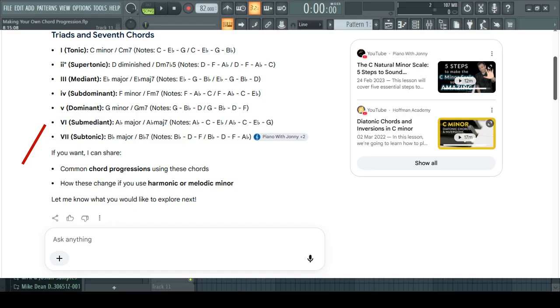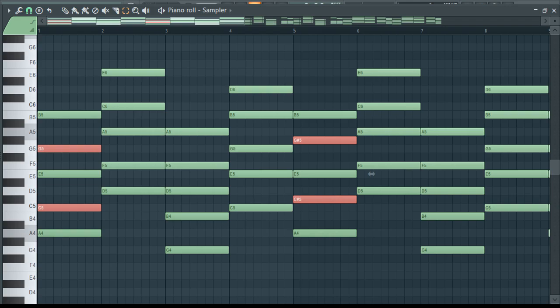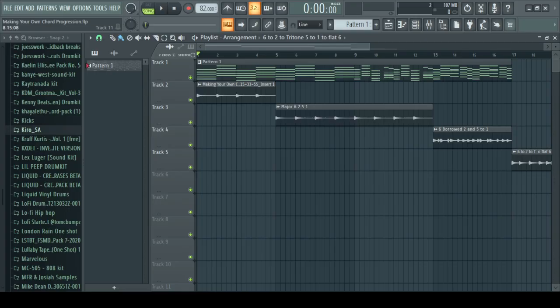So that means we are going to change our minor 6th chord to a major 6th chord by moving the 3rd and the 7th a half step up, and now we have a major 9 chord instead of a minor 9 chord, and altogether the chord progression now sounds like this.